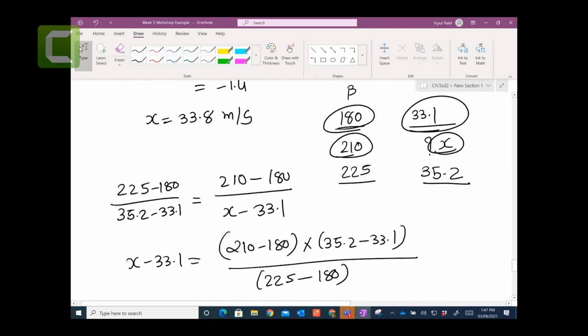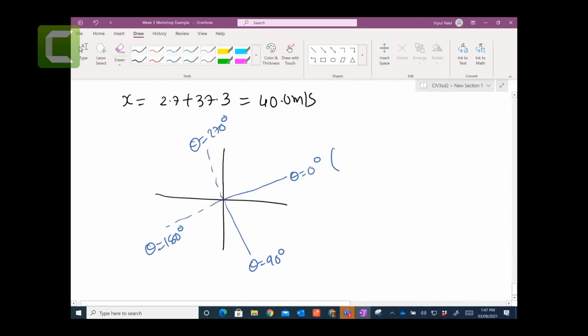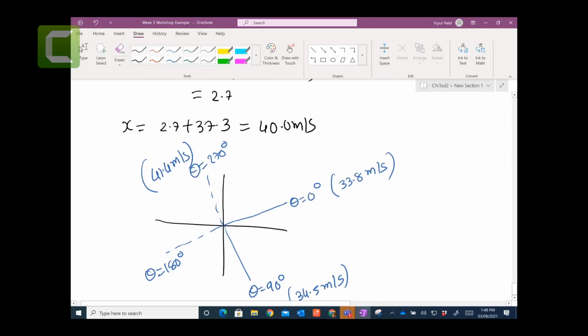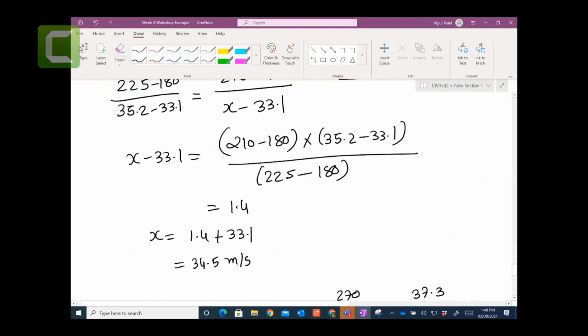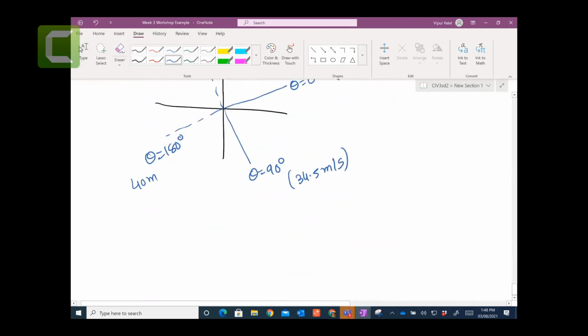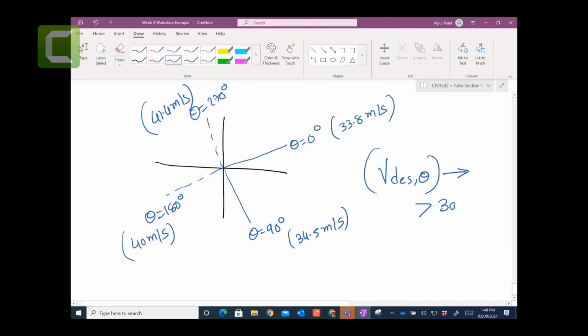For here we got 33.8, 34.5, 33.8, 34.5. I remember this one just now, 41.4, and the last one we got is 40 meter per second. So this is all we design theta. There are 4 speeds given here. All are greater than 13 meter per second. This check is okay.